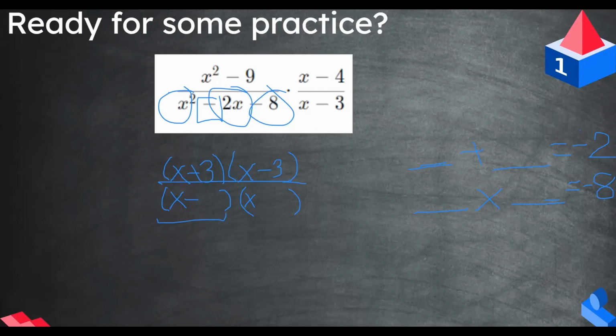Yeah. Okay, so now you know that one of the numbers is going to be negative, and the numbers will have to add up to -2 and multiply to -8.